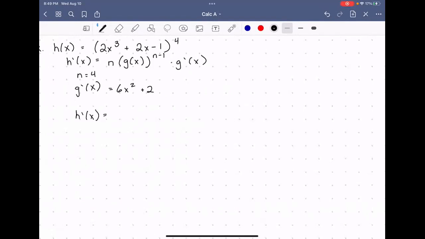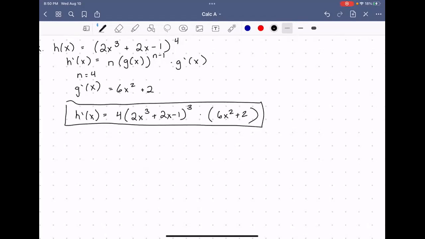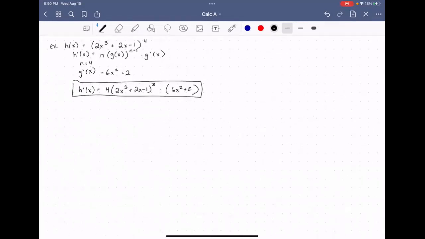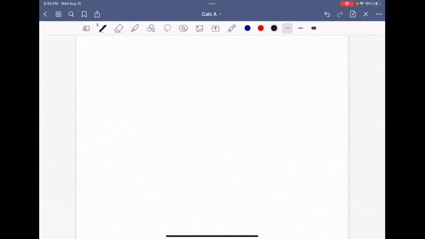And h prime of x is going to be 4 times our g of x, which stays the same, 2x cubed plus 2x minus 1, and then it's going to be n minus 1, which is 3, times the derivative of g of x, which is 6x squared plus 2. And this is going to be your final answer. Obviously, you can simplify, but I'm not going to do that. Cool. Let's move on.